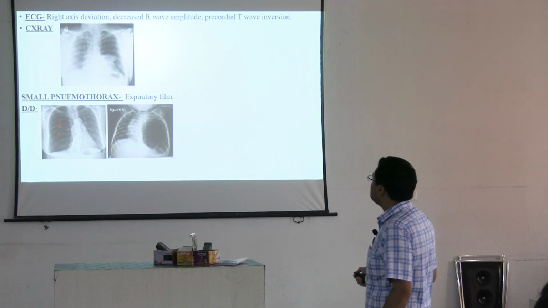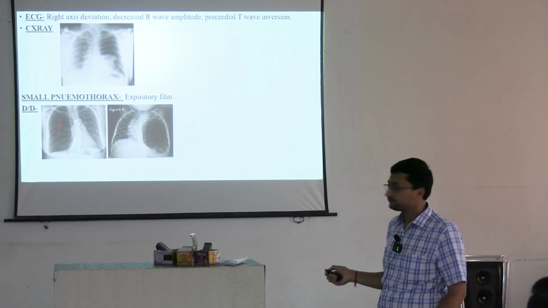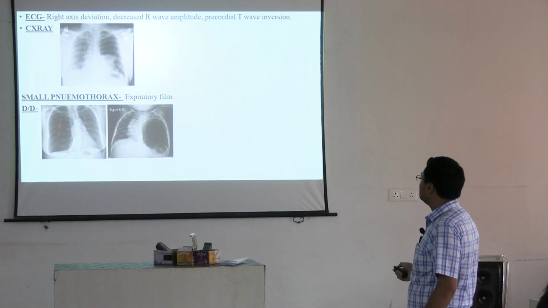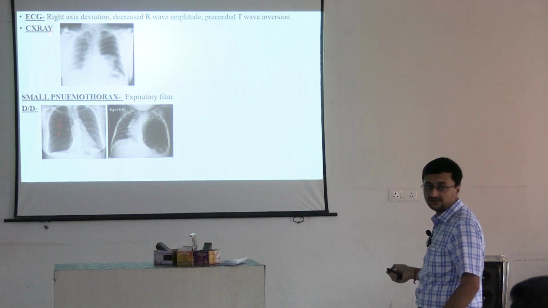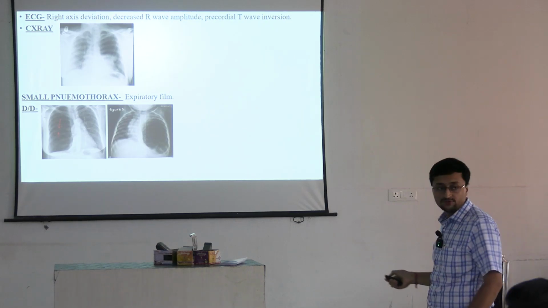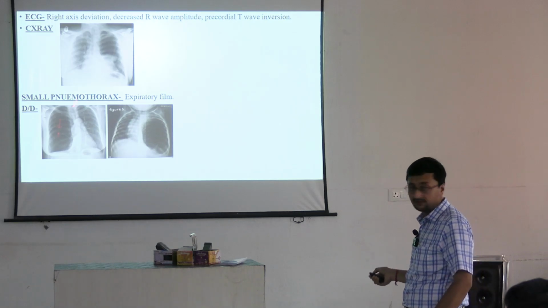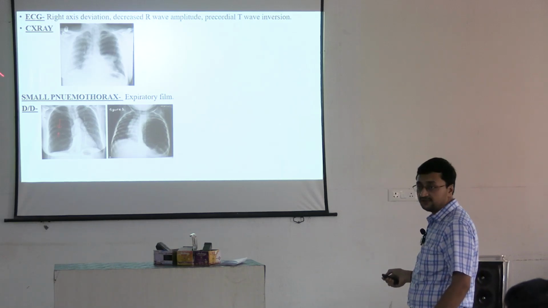And this is a typical X-ray finding of pneumothorax. So this is the affected site, left sided pneumothorax, right? This is a black area compared to the right side.